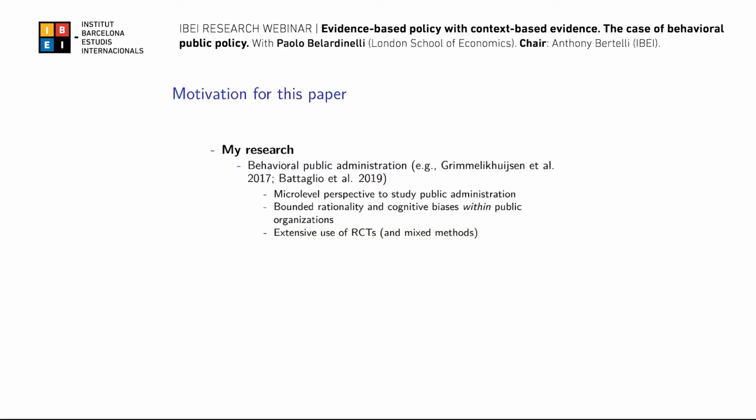Now, first of all, something about why this paper exists. I would say two main starting points. One is my research, so somehow this paper is a broad reflection about my research area, which is behavioral public administration. And here I tried to put, I hope you can read the slide, it's a bit small, a few main essential elements that I think are part of behavioral public administration.